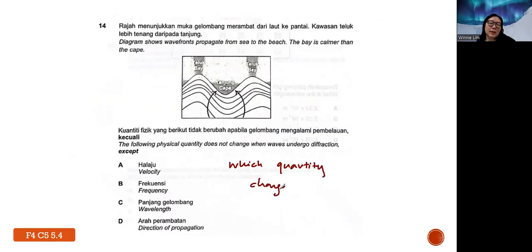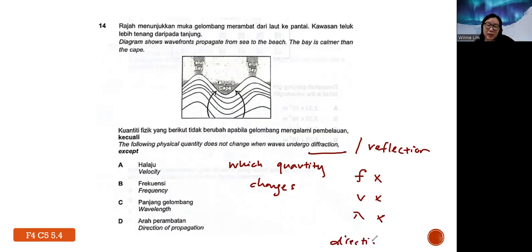Okay, so basically, the idea of diffraction or reflection, after the phenomenon, they will have a similar idea. That means frequency no change, speed no change, wavelength no change. They only change in what? Direction of propagation. That means they will bend. So that's why A, B, and C is not the answer also.